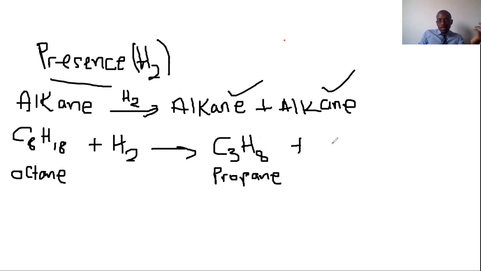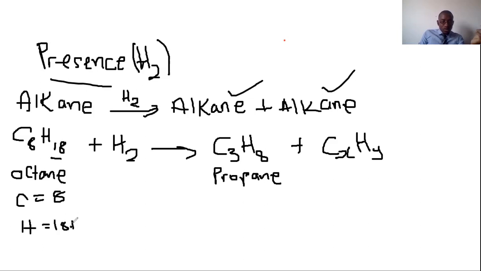Then we are asked to find CxHy. Remember the same principle. C, we have 8. What about the hydrogens this side? So 18 plus 2, which is as good as 20. Here the C is 3, and the H is 8.